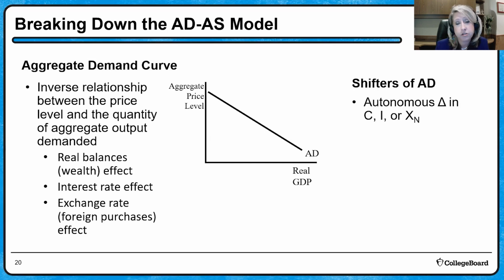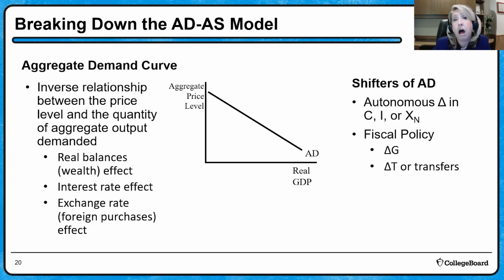What are our shifters of aggregate demand? Well, aggregate demand is the sum of consumer demand, firm demand, and net exports. An autonomous change, that means independent of something, independent of income in this case, an autonomous change in consumption, gross private domestic investment, exports or imports, is going to shift aggregate demand.